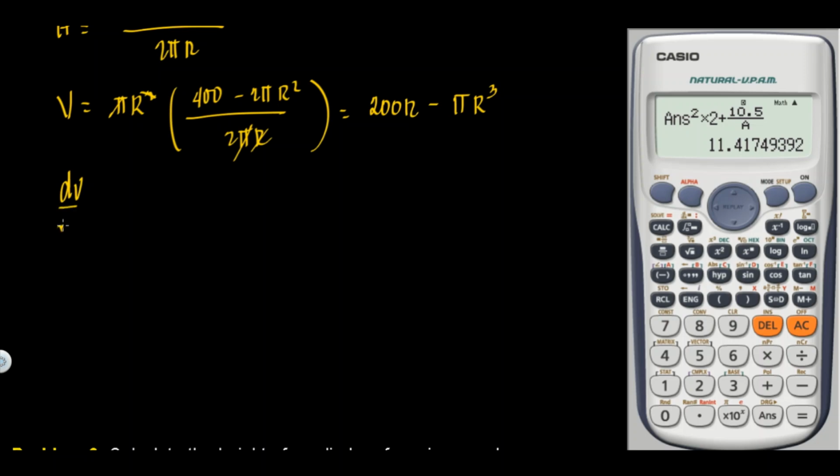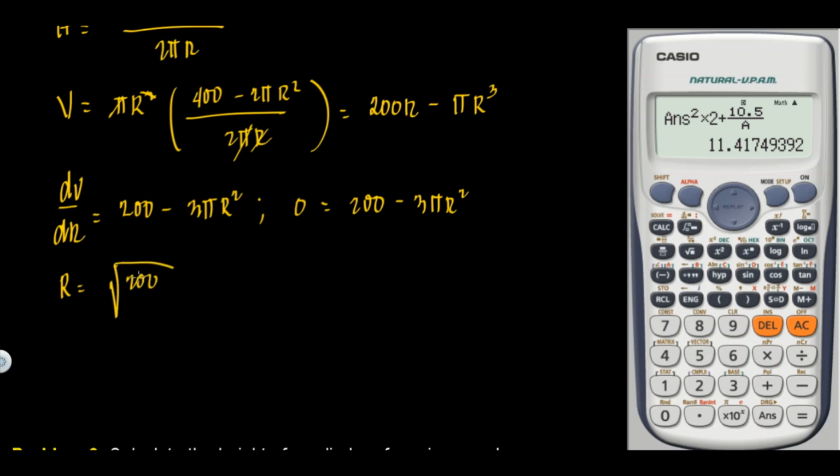So, dV over dr is equal to 200 minus 3 pi r squared. Set this to 0. Then solve for r. So, this is 200 over 3 pi, then square root.